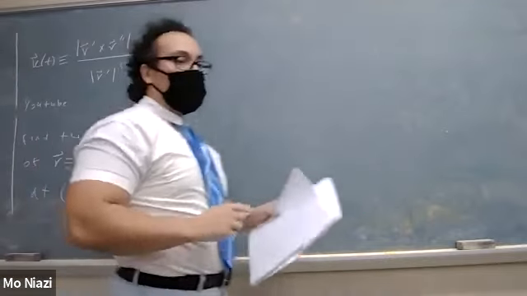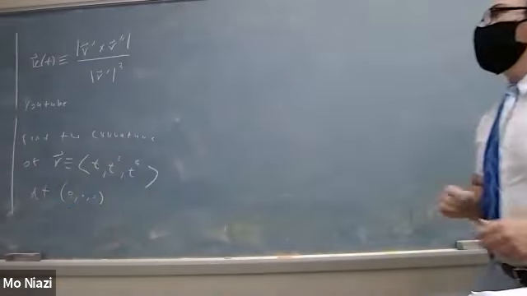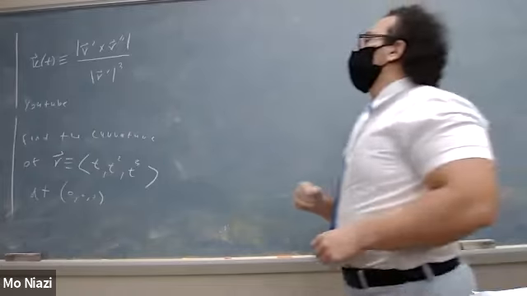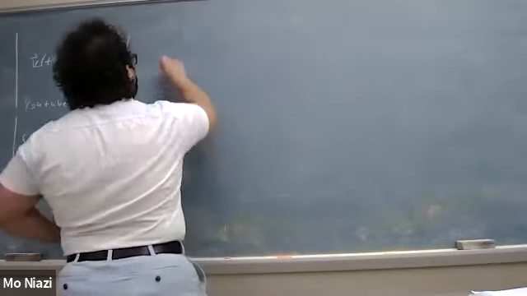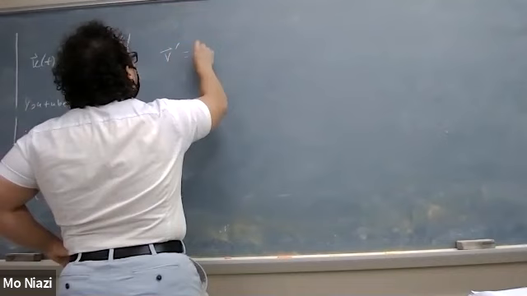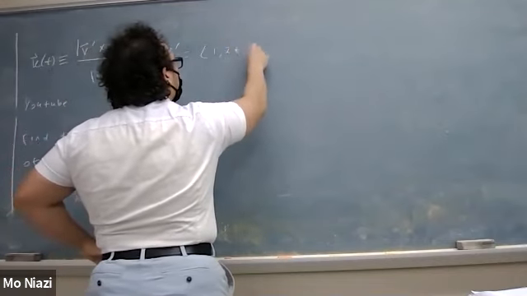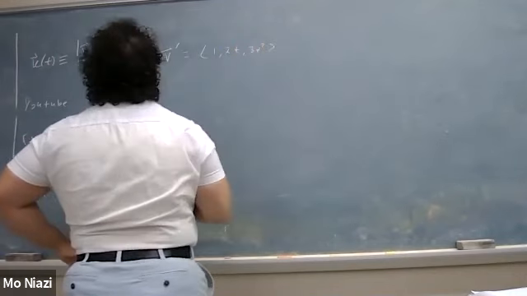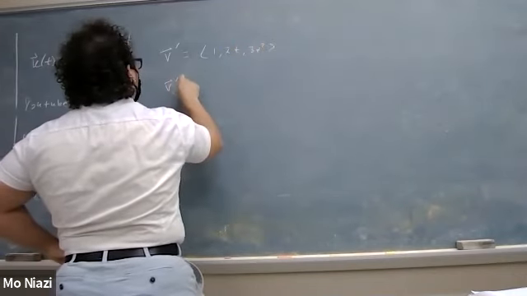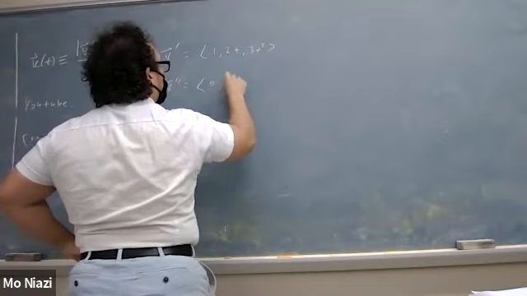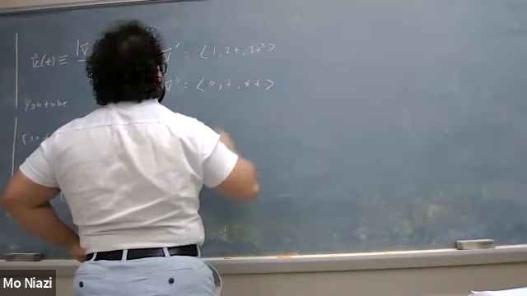Okay. So we need to take the derivative of r, second derivative of r, to be able to do this problem. R prime is the derivative of this thing, so it's 1, 2t, 3t squared. And r double prime is the derivative of this thing, and that's 0, 2, 6t.